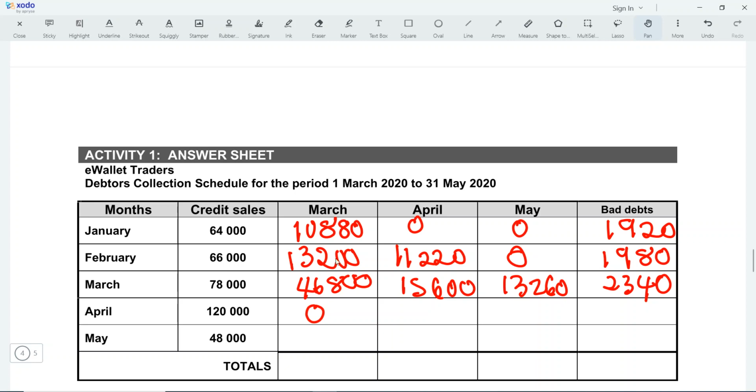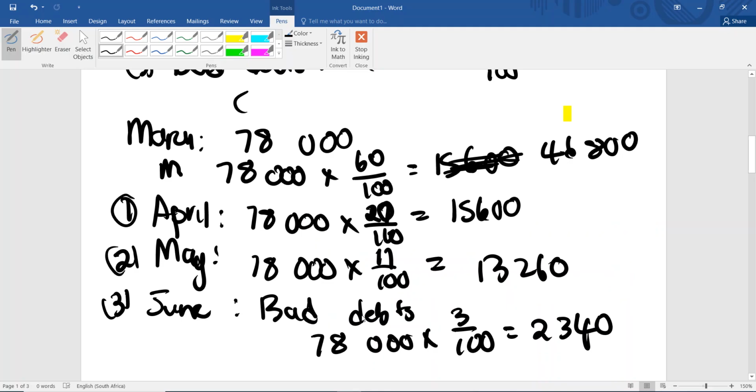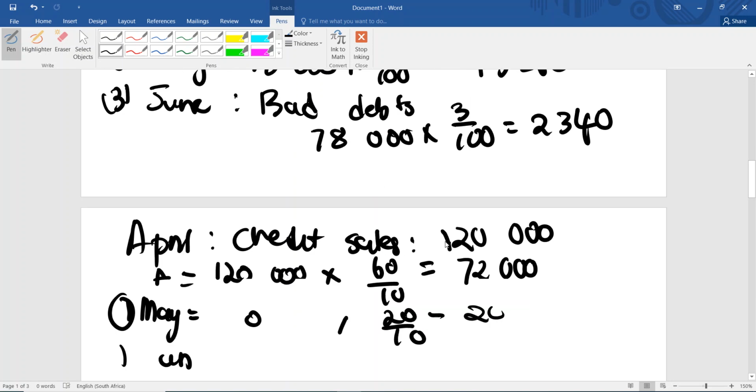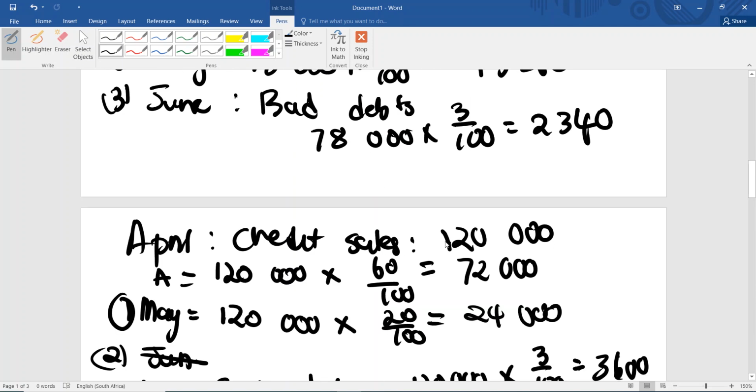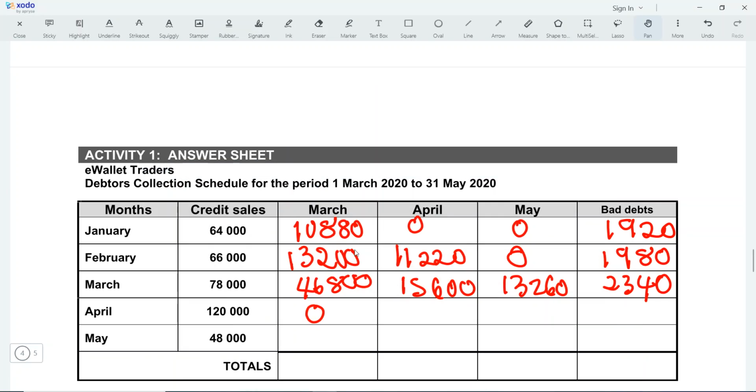And then from the sales of April, we are not going to have anything in April. For March, we are not going to collect anything. We'll only start collecting in the same month, which is April, right? So when you go and check for April, same month as April, we're going to have 72,000. So you'll write that 72,000 here.